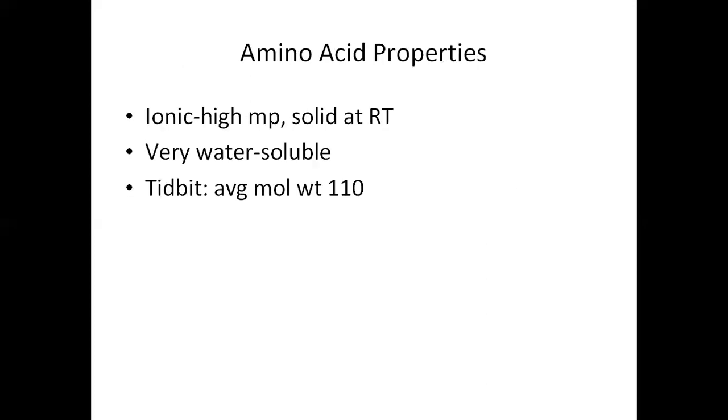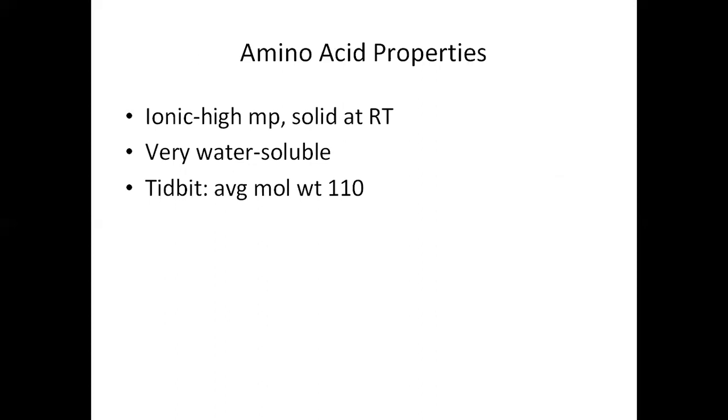A few properties of amino acids include that, because of the positive and negative charge, they are by definition ionic compounds and therefore have a high melting point and are solid at room temperature. The amino acids having these charges are for the most part very water soluble.